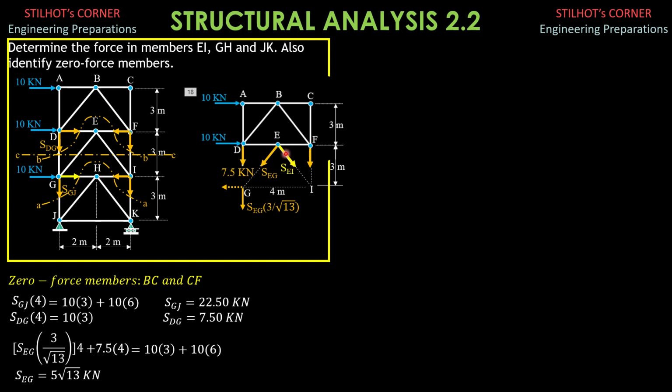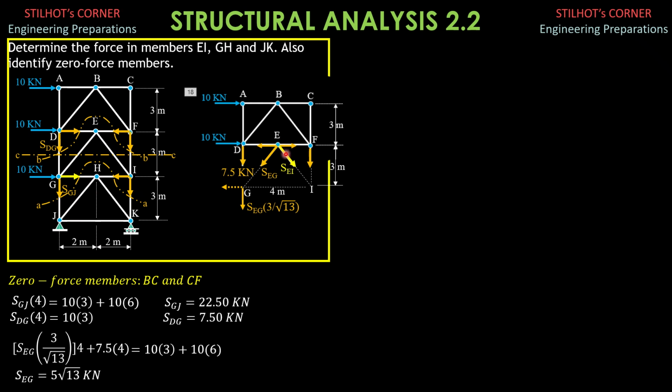SEG with SEI. These are the other two additional forces at E, but they are not important because we sum up forces vertical equals 0. The vertical component of SEG is SEG times 3 over square root of 13.